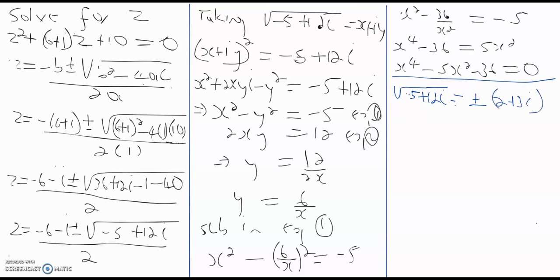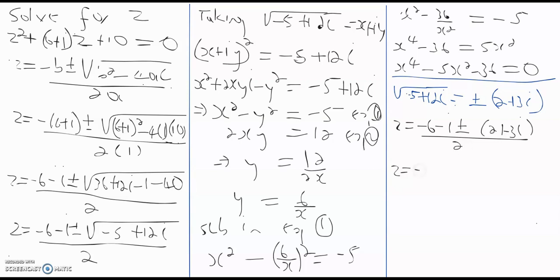So when I go back to the equation now, it's going to become z equals, we're going all the way back to the left hand side, which is negative 6 minus i plus or minus (2 plus 3i) all over 2. Alright, so we know we have to separate this.